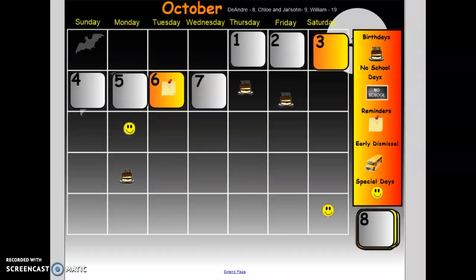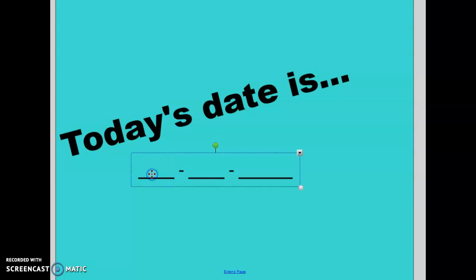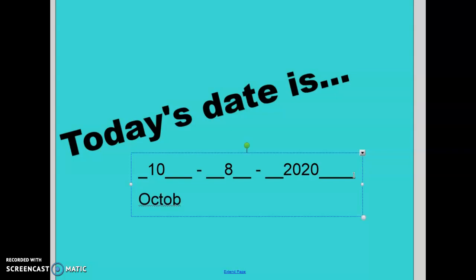Here we go. The month is October. It is October 8th. So let's fill in our date. Ready? October is the 10th month. October 8th, 2020. Put it in word form.